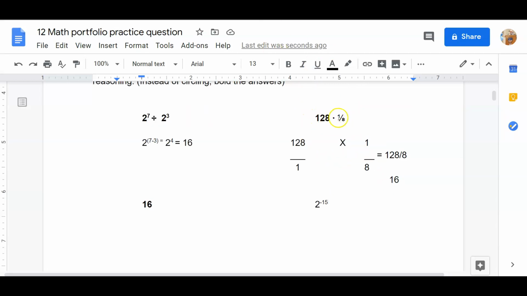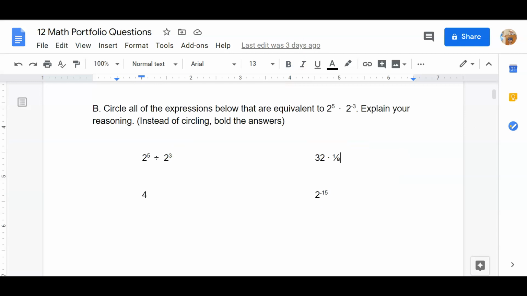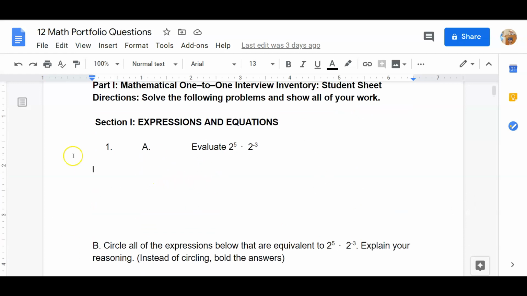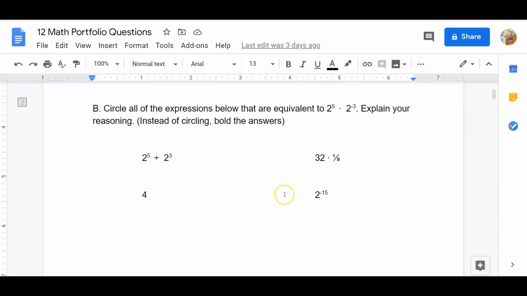Because 128 divided by 1/8 ended up being 128 divided by 8. A little trick. So you're going to get here to 4. See if that's going to be equal to what you get up here. And this one, well, you already know about this one, right? So you know what that's going to equal. Just use your better judgment.